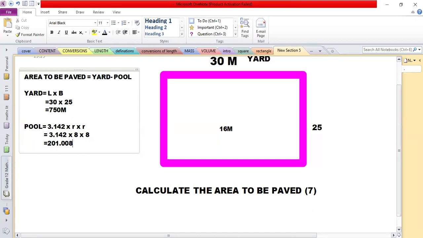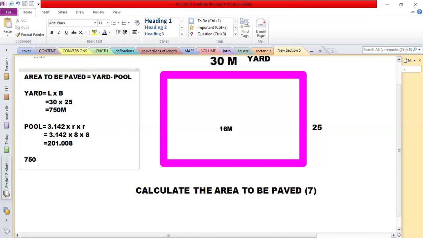Okay, tell me if this is still correct, class. Did you find this? Is this what you are also working out? Are the units correct? Is this what your calculator gave you? Okay, Tapelo says yes. So this is it. So area to be paved is equal to yard minus pool. Yard is 750.